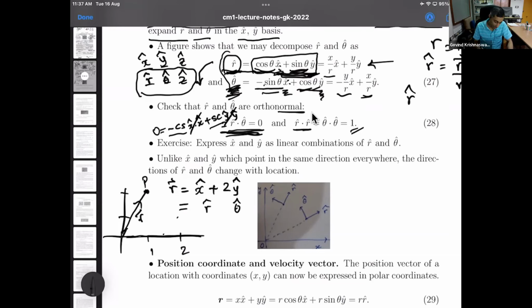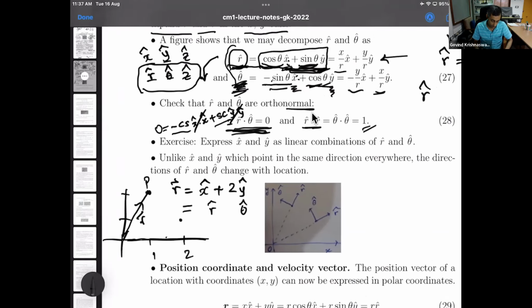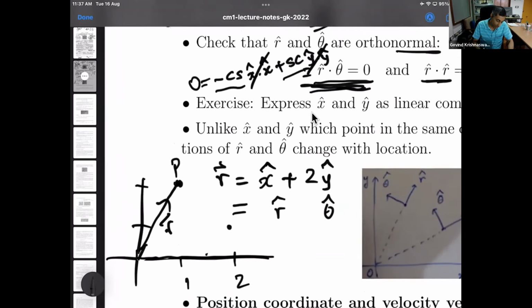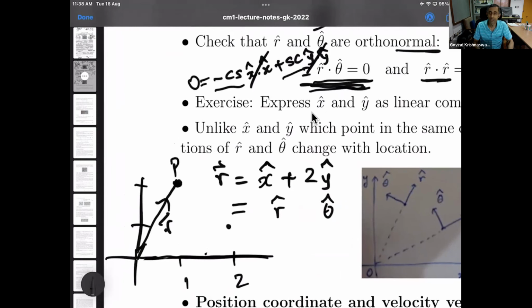Yeah, so one can try to be much more careful and precise. Let me add a few remarks which may clarify your questions. What are we doing? We have this point, this position. We want to take that position vector r and resolve it in x, y. What are we really doing? At that point P, we have an x hat and y hat.